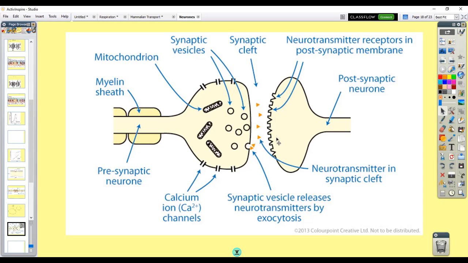If that reaches threshold, then it causes sodium channels to open along the axon, and we get our impulse traveling down the next neuron. So it has to reach threshold at EPSP for an impulse to be initiated in the postsynaptic neuron.